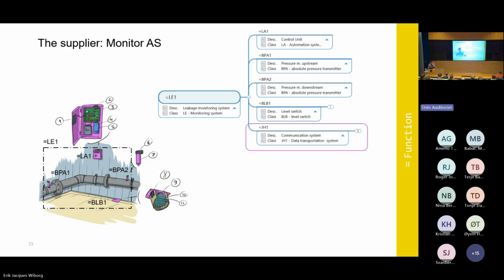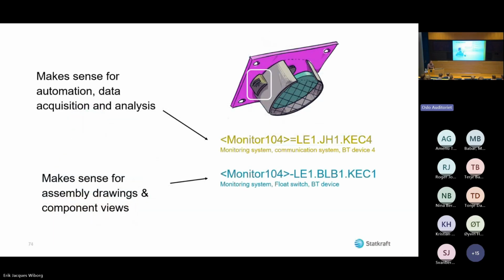Now, the reason why we have the product aspect separate from the functional aspect is because there are different people working with the different aspects. As a maintenance guy, you are probably going to be looking at the product aspect most of your time. As process control, you're going to be looking at the functional aspect most of the time. And the structures need to make sense to you.